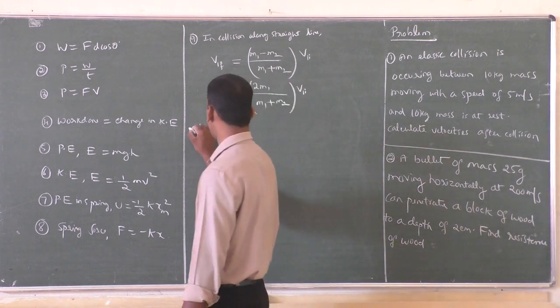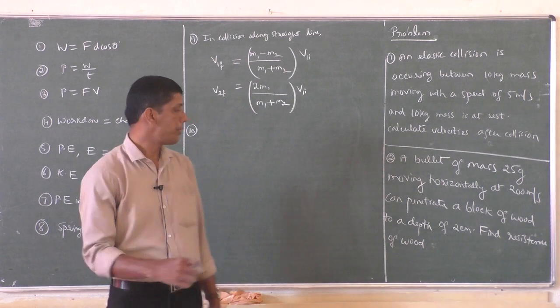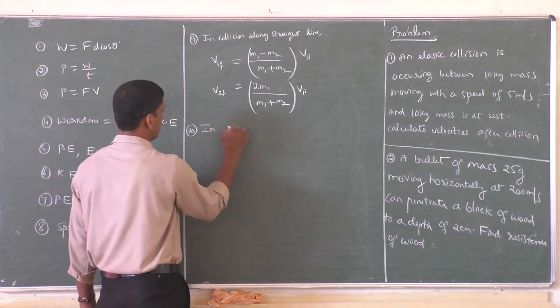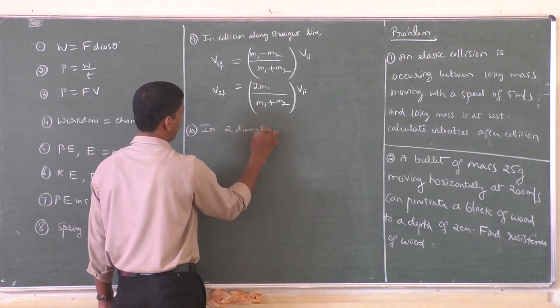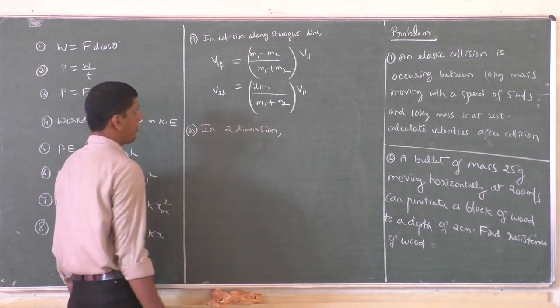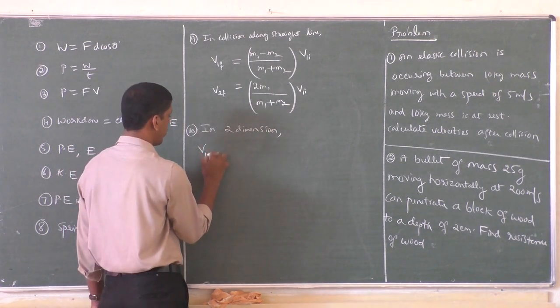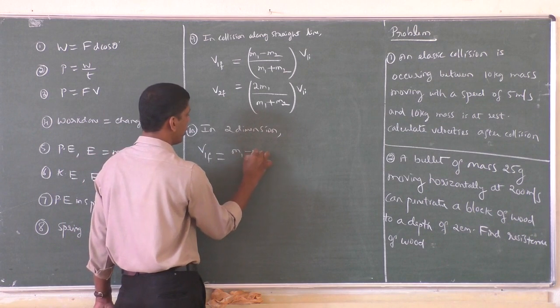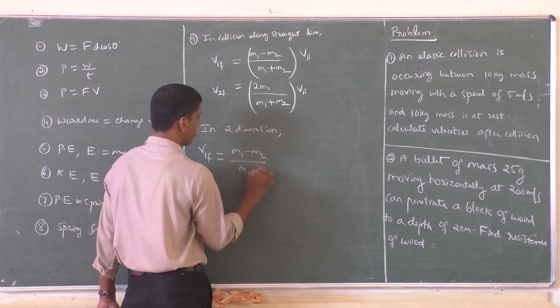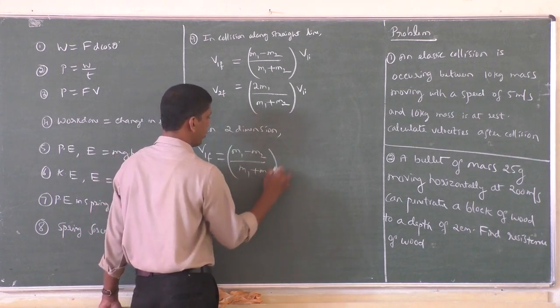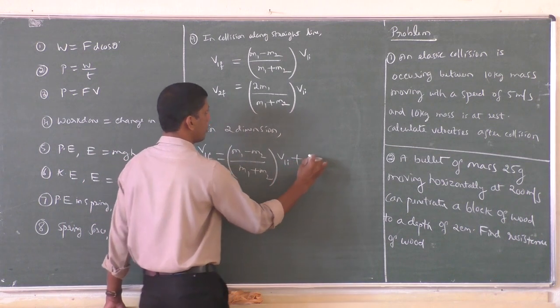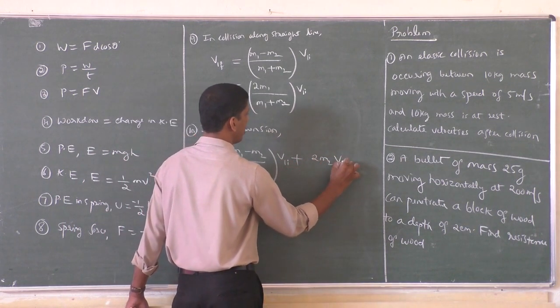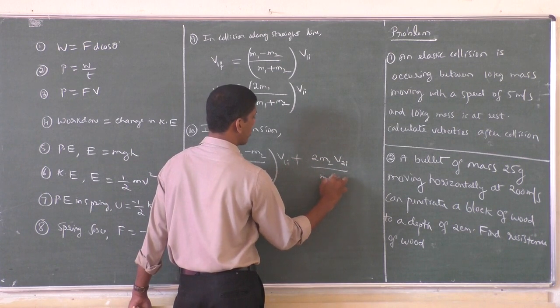And the tenth one, in two dimensions, we can write the formula: V1F is equal to m1 minus m2 by m1 plus m2 into V1I plus 2 times m2 V2I by m1 plus m2.